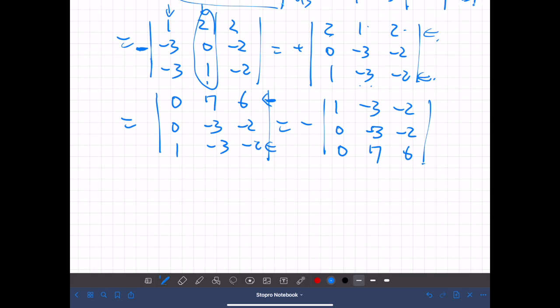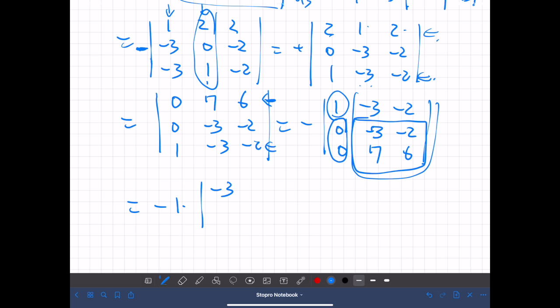Again, look at this. We have all 0 here, and 1 times this matrix. So the result would be negative 1 times this determinant. And that's easy to calculate.